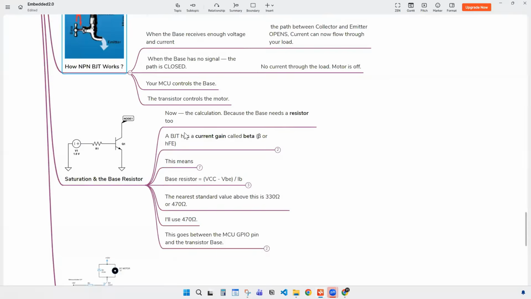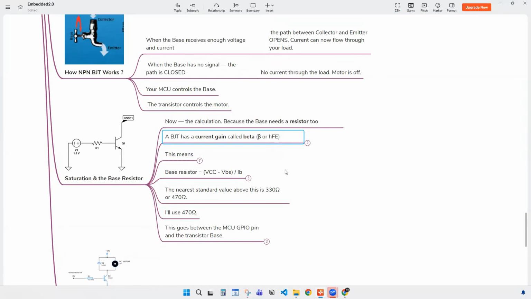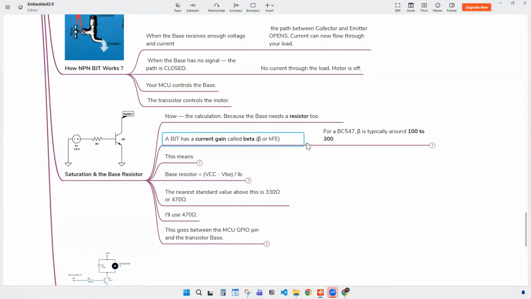On the base side, you can't directly connect it to the microcontroller. In between, it should have one resistor. A BJT has a current gain called beta or hFE.